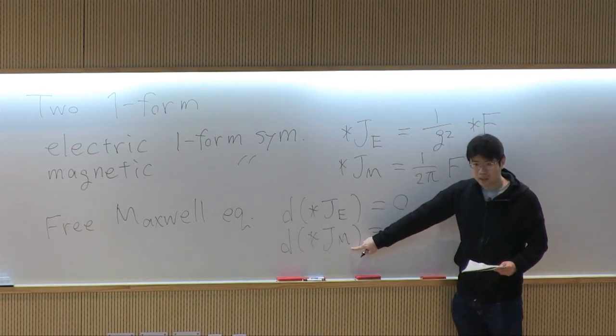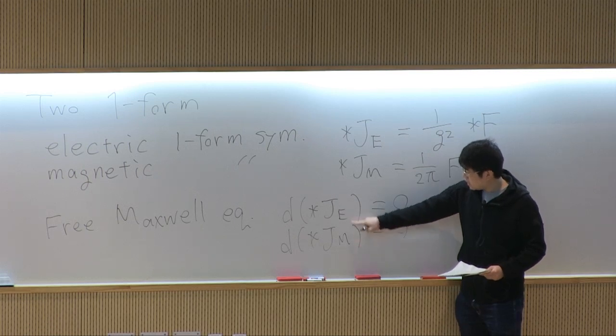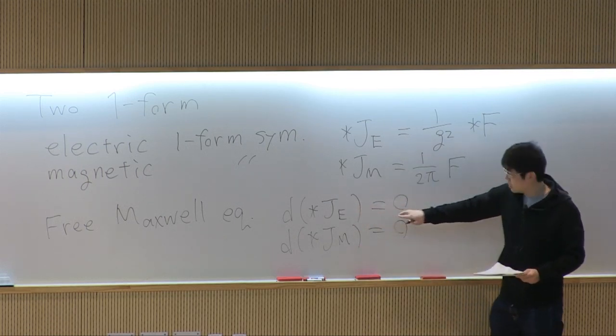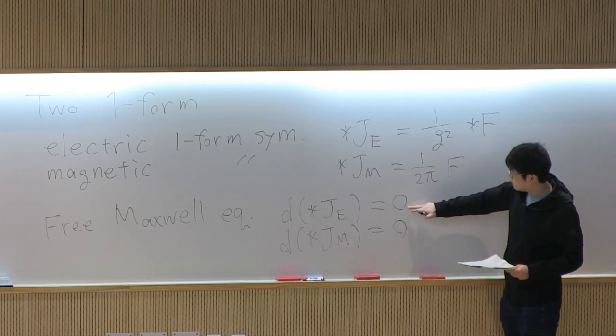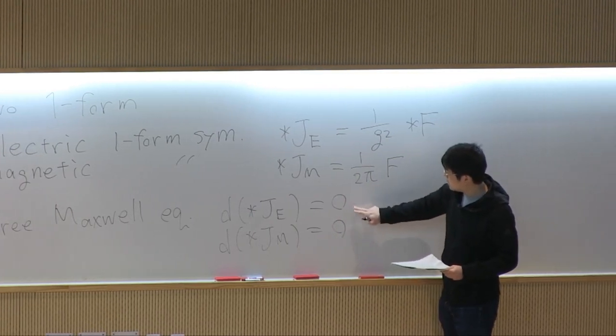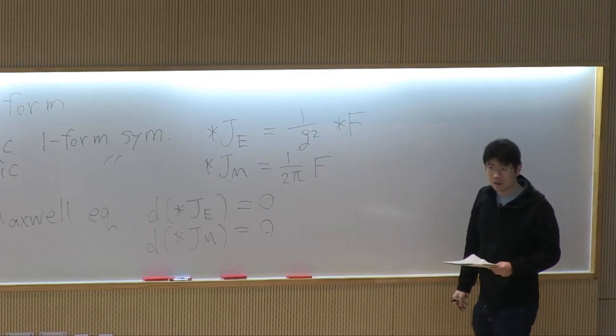This second equation is just the Bianchi identity, and this first equation is the usual Maxwell equation. So in free Maxwell field theory, we can explicitly see that these currents are conserved.